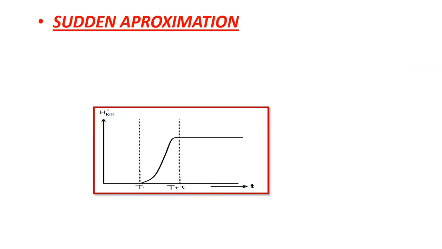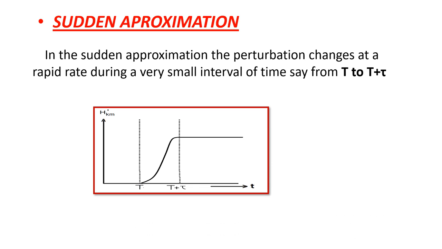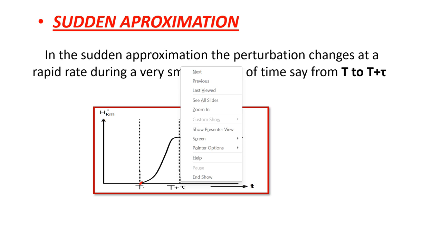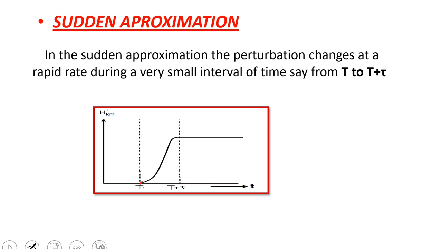Now taking the second case, that is the sudden approximation. In the sudden approximation, the perturbation changes at a rapid rate within some time interval such as t2 to t2 plus tau. In this time, the perturbation H dash km changes rapidly.